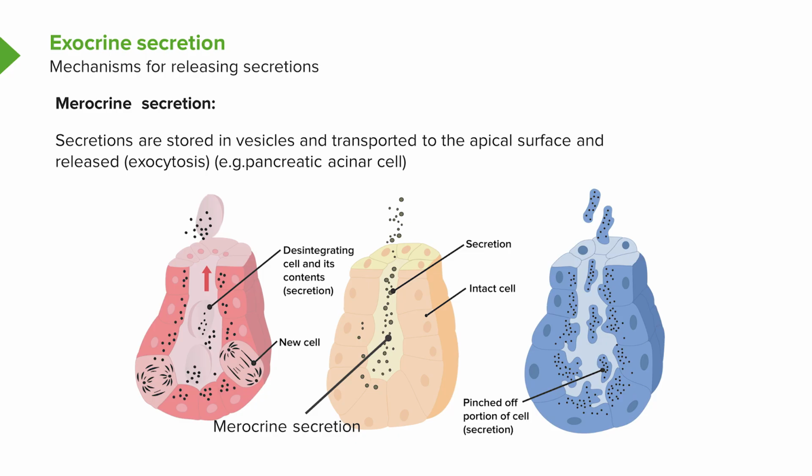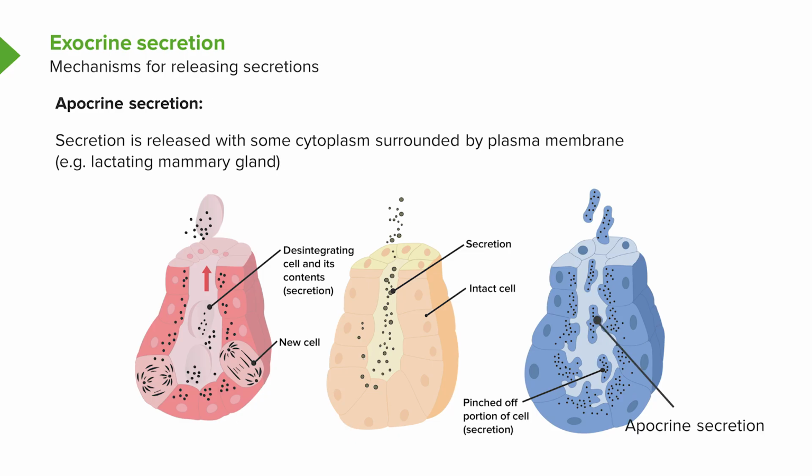And when they're stimulated to secrete, these little granules containing the secretory product move to the apical surface of the cell. The membrane fuses with the cell membrane, and the product is released into the luminal space by a process we call exocytosis. So that's merocrine secretion.